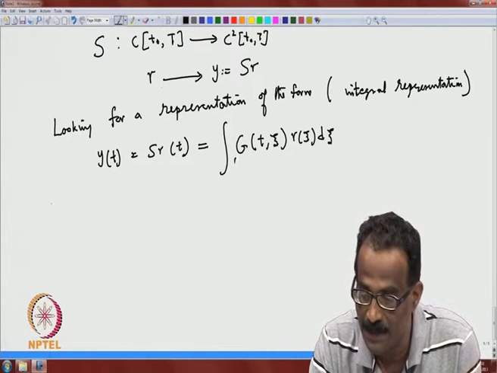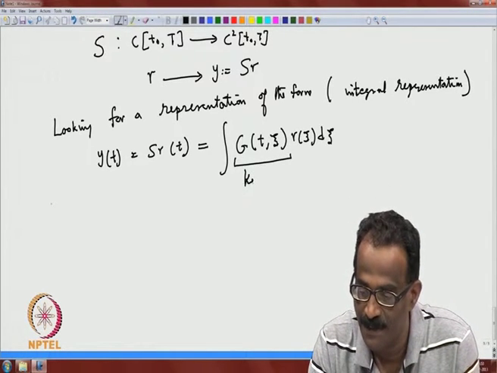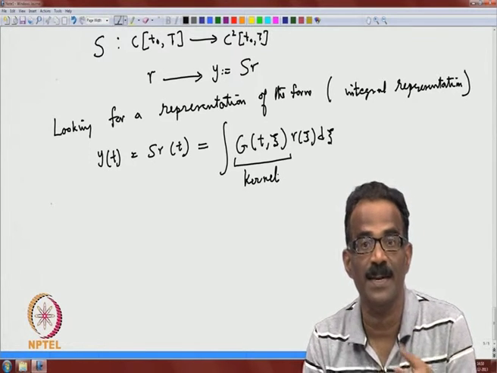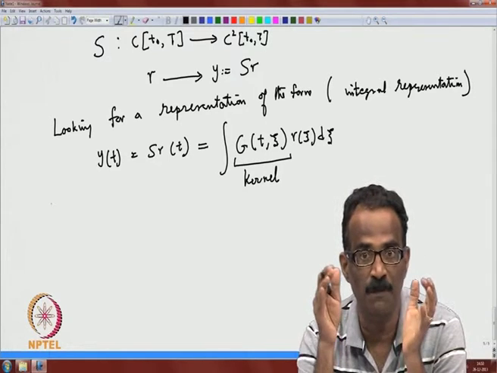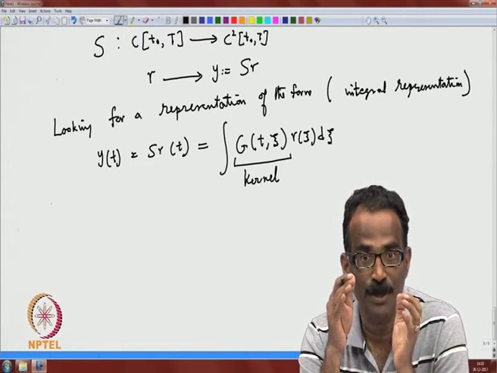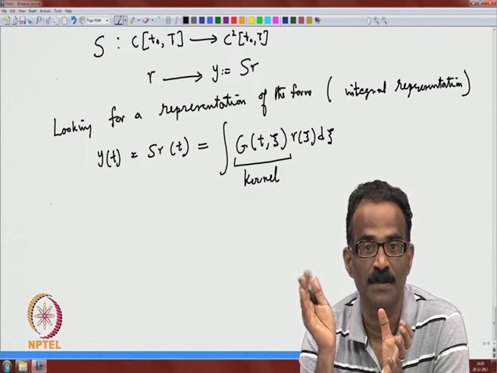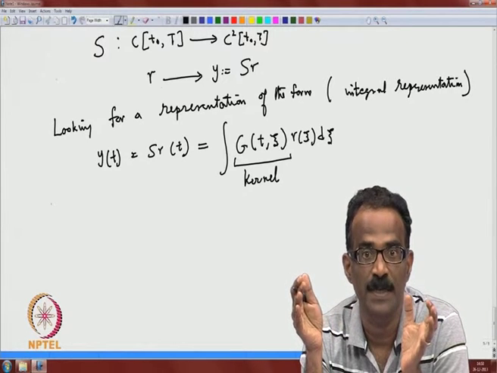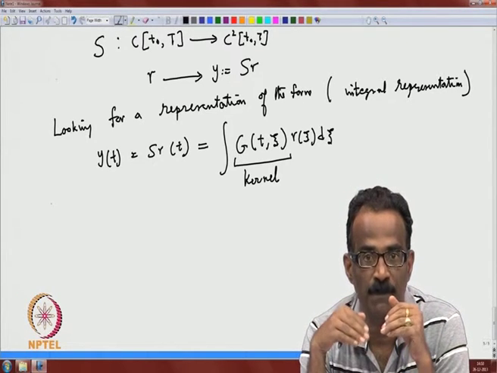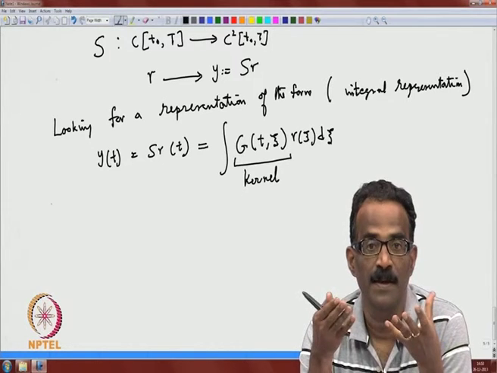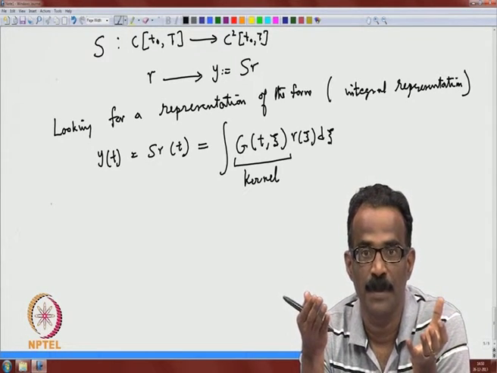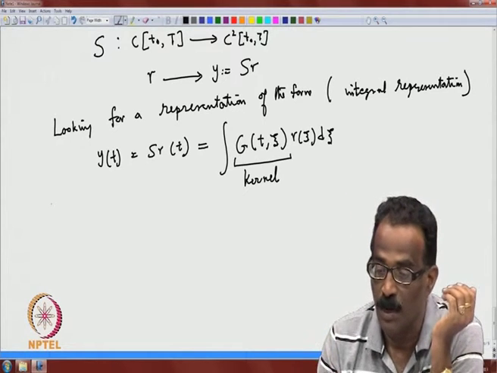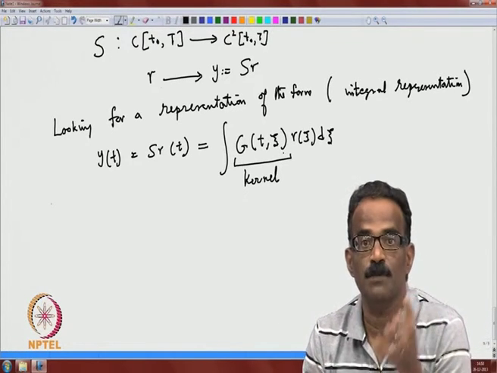So, given a kernel, in general we call it here a Green's function. When you are given a two variable function, you can introduce integral operators which are linear integral operators. In fact, the development of linear theory actually began from the integral operator theory.